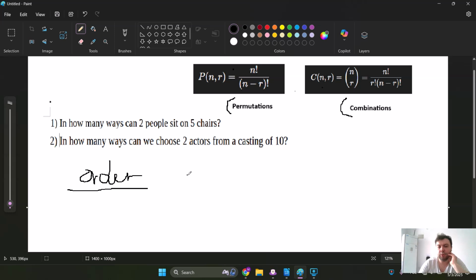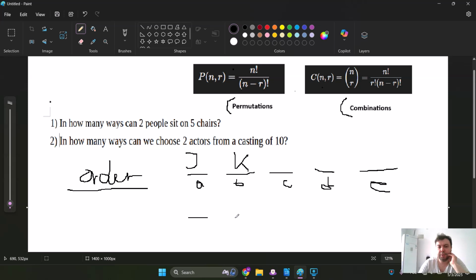Is it so? Look at this. We have 5 chairs, and for example, in the cinema, each chair can be seat A, B, C, D, and E. And you can take, let's say, 2 people. You take John and you take Kevin.